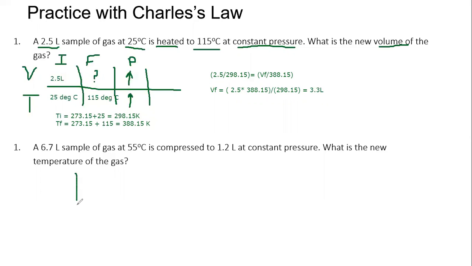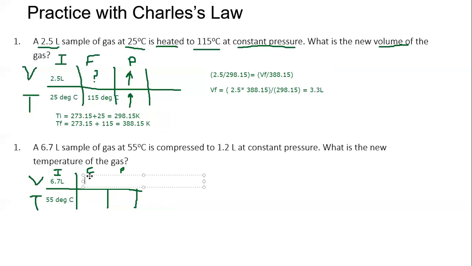So again, we do our little table. Our initial volume, 6.7 liters. Our initial temperature, 55 degrees Celsius.